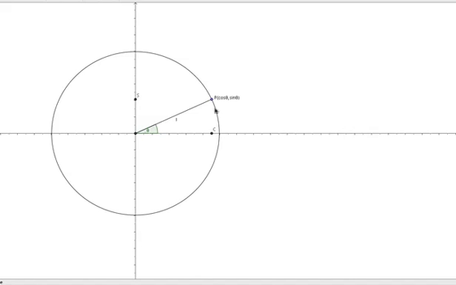This distance is 1/2. Now, the exciting thing about this definition is that this angle can now reach 90. The cosine of 90, the x-coordinate, is now 0. The sine of 90, that's the y-coordinate, is now exactly equal to 1.